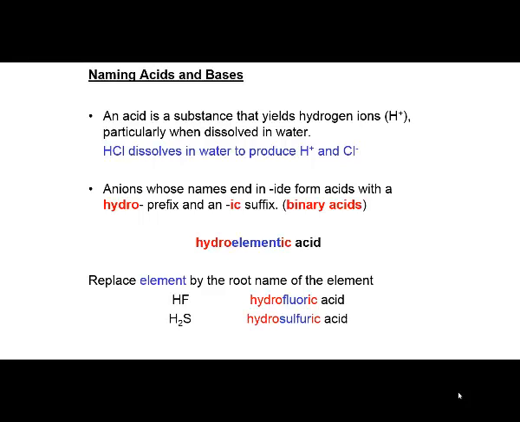Now, if we have sulfur as our root element, then I would add the prefix hydro and change the ending of the name for sulfur to -ic, so hydrosulfuric acid. If you recall, the sulfide ion had a -2 charge. That might remind you that I need 2 hydrogen ions, so H2 at the beginning of the formula, in order to balance out the overall charge.